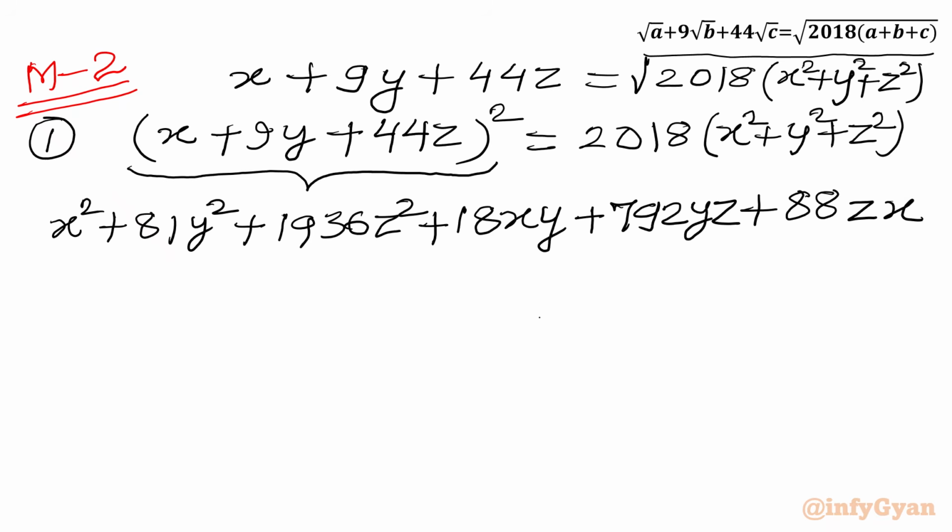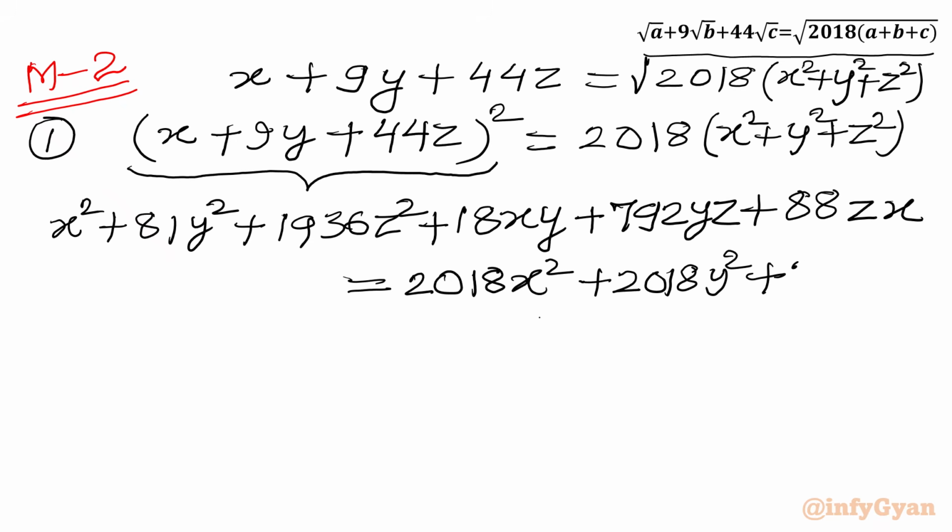This is our left side. Now on the right hand side we will write 2018x² + 2018y² + 2018z².